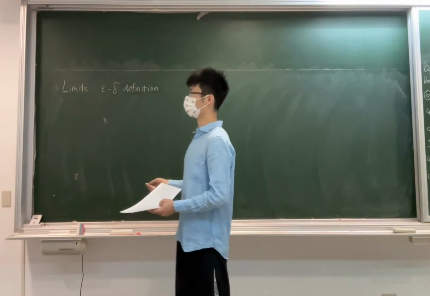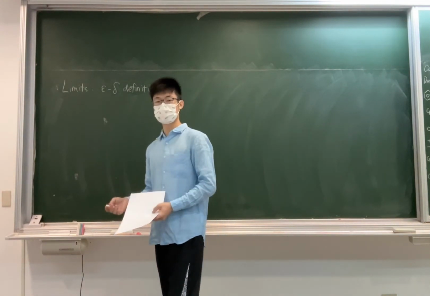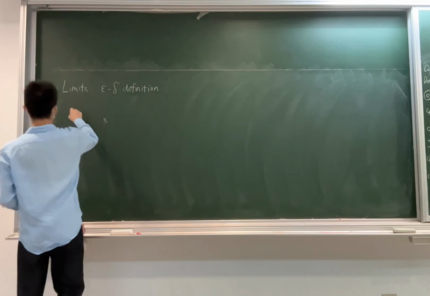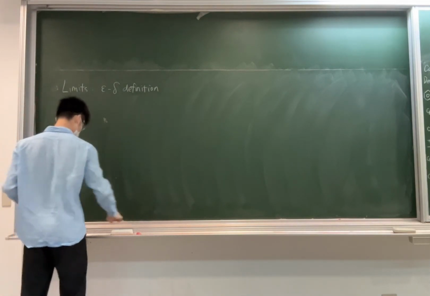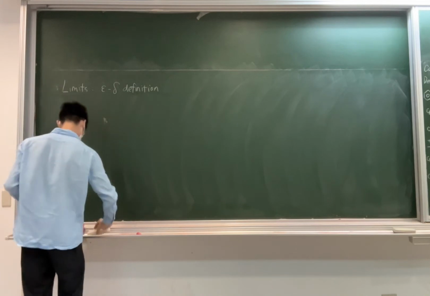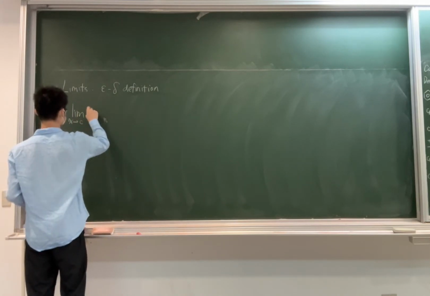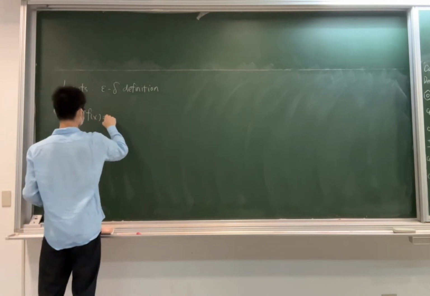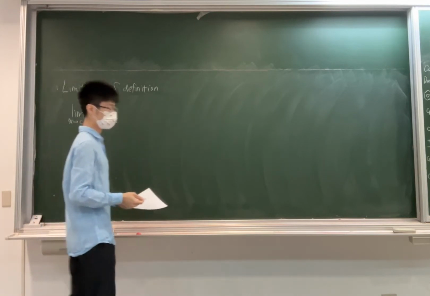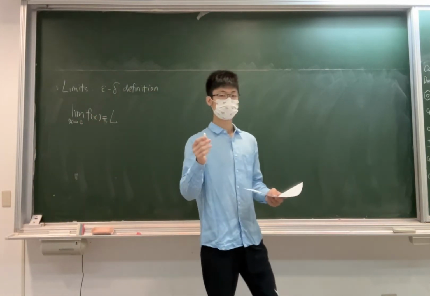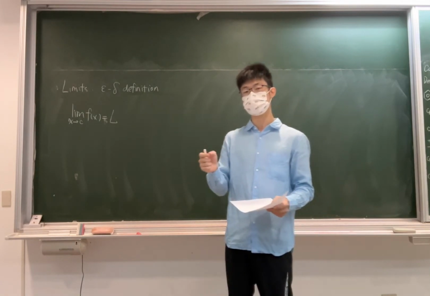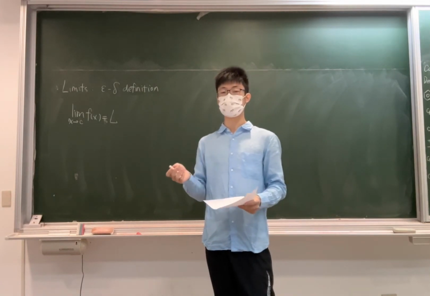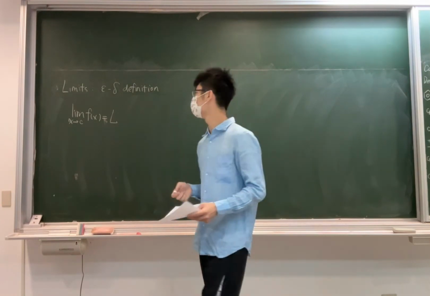That is really a good question because in high school we already have the notation limit x approaches c, f of x equals capital L, which means if x and c are close enough, then f and L will be close enough as well.